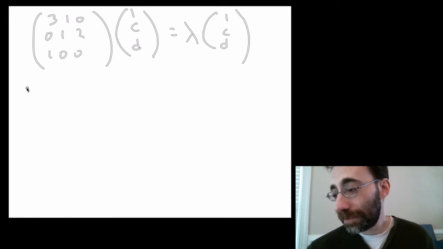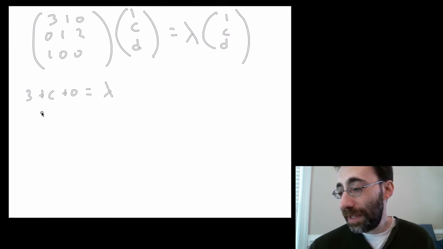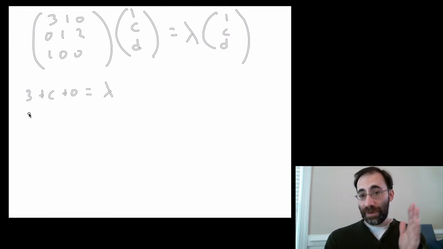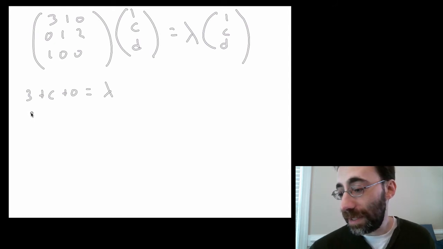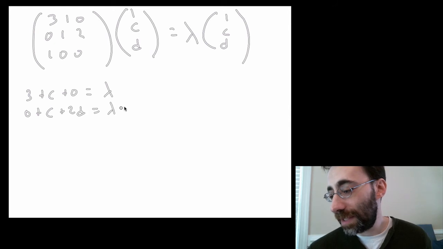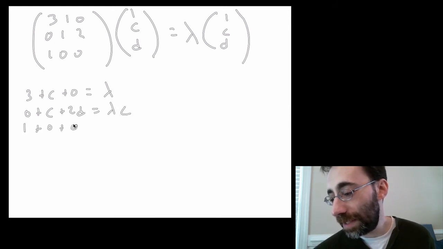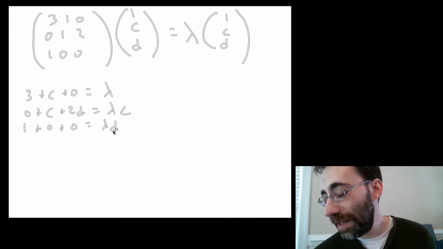So this would be 3 plus c plus 0 equals lambda, the first equation. The second one is going to be the second row times the vector, 0 plus c plus 2d equals lambda c. And this is going to be 1 plus 0 equals lambda d.